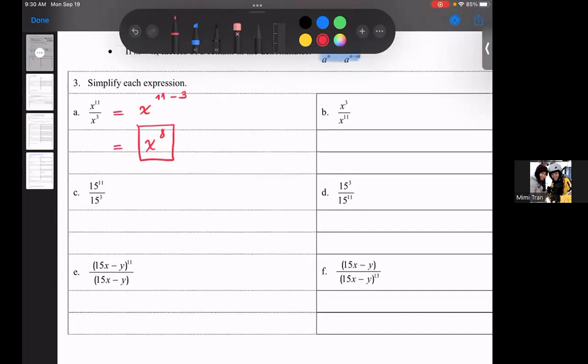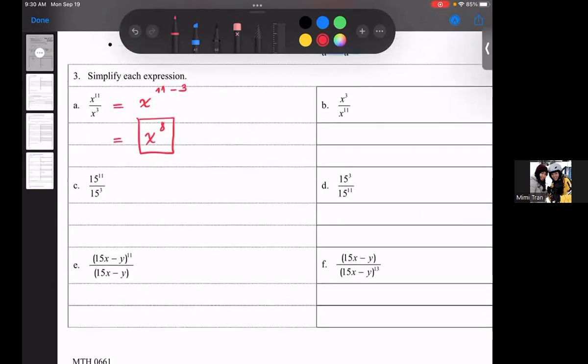Why don't you guys try all of them, or at least up to D? Tell me what you got. B, what you got?